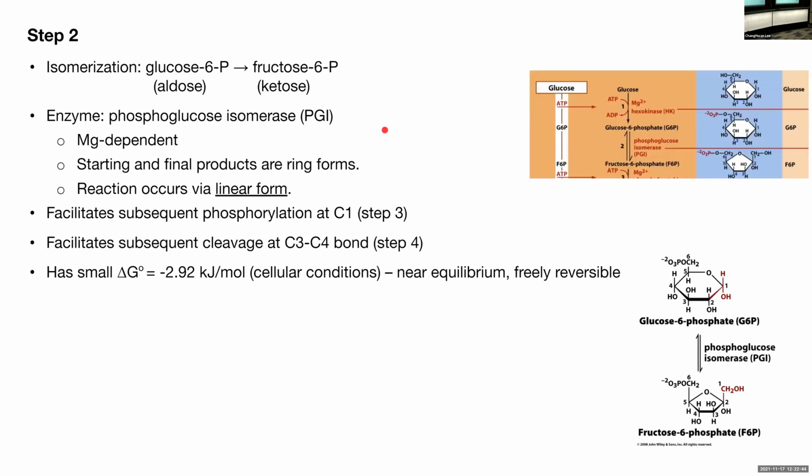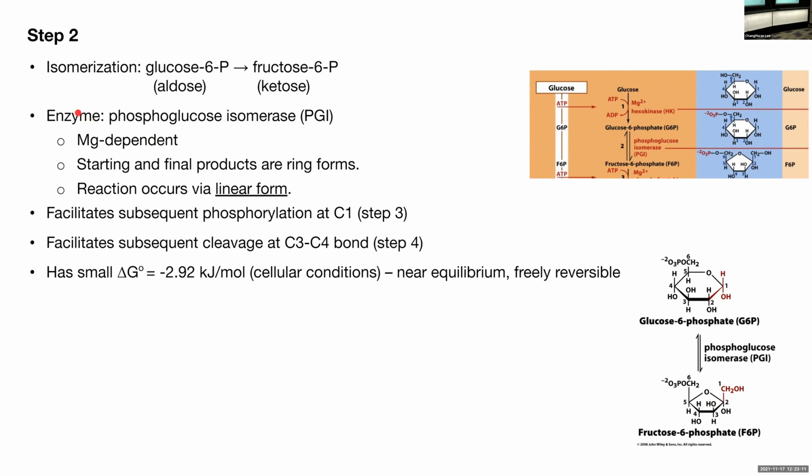Okay, so let's move on to step 2 here. First, the step was basically activating glucose to make glucose 6-phosphate. Now the second step is isomerization of this glucose 6-phosphate to fructose 6-phosphate. As you can see here, glucose 6-phosphate has the aldose form, as opposed to fructose 6-phosphate, which has the ketose form.